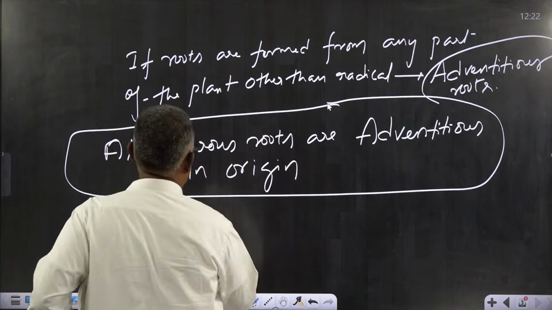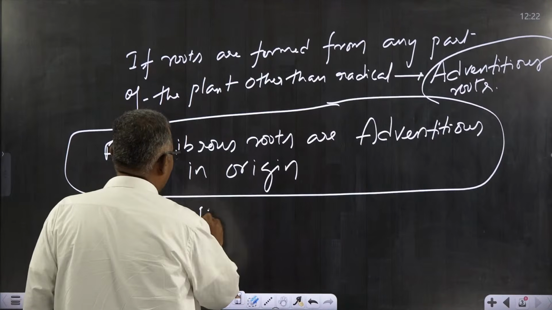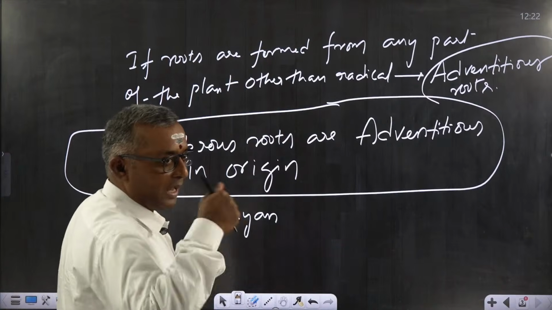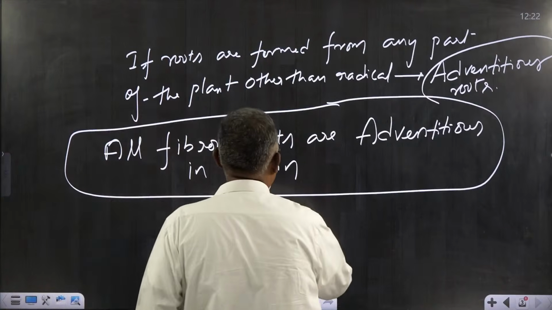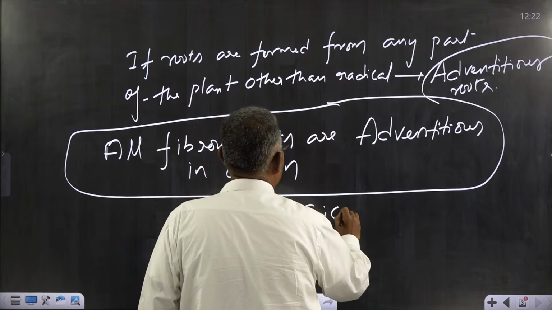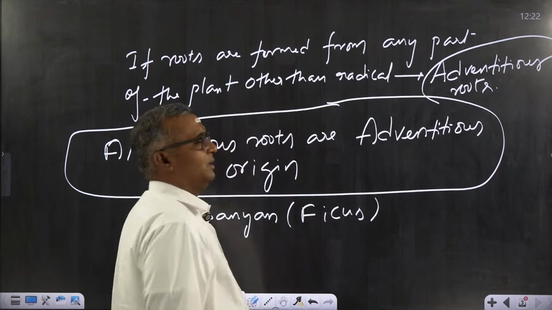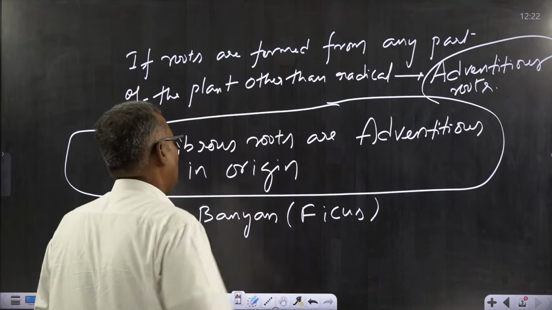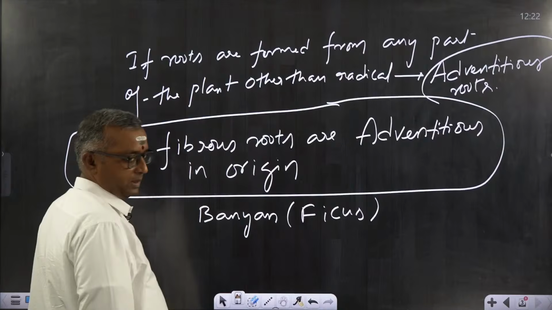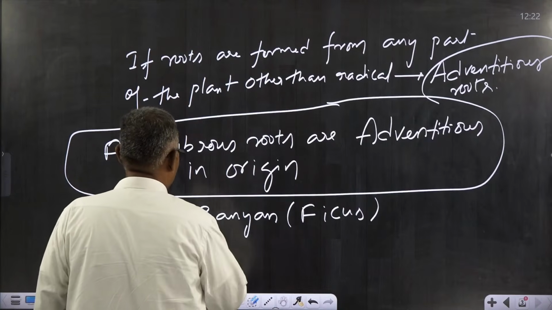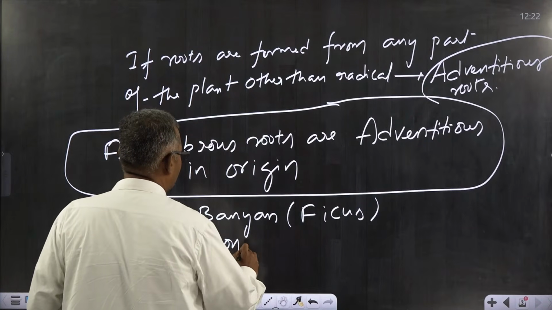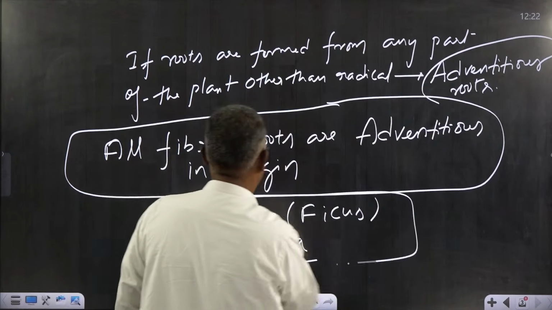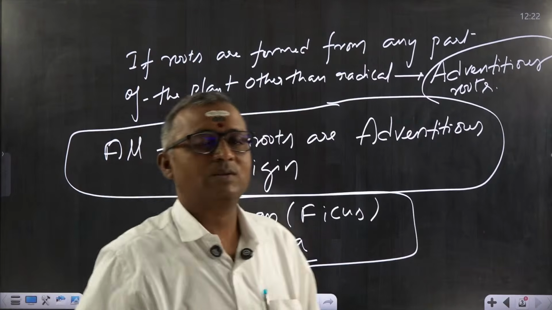For example, do you know the banyan tree? The hanging roots present in the banyan tree. Do you know the botanical name of banyan? It is Ficus. There are also species like Ficus bengalensis and Ficus reticulata. There are so many, not required. Ficus is one example. Similarly, another example is Monstera, which also has adventitious roots.